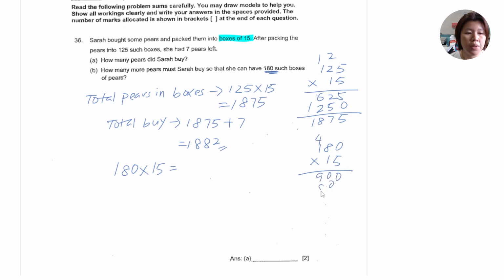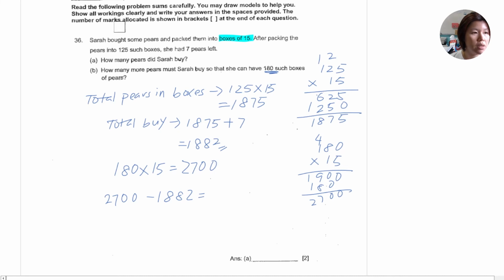So it's 2,700. And I only have 1,882. So maybe I can take 2,700 minus 1,882, which is 818.